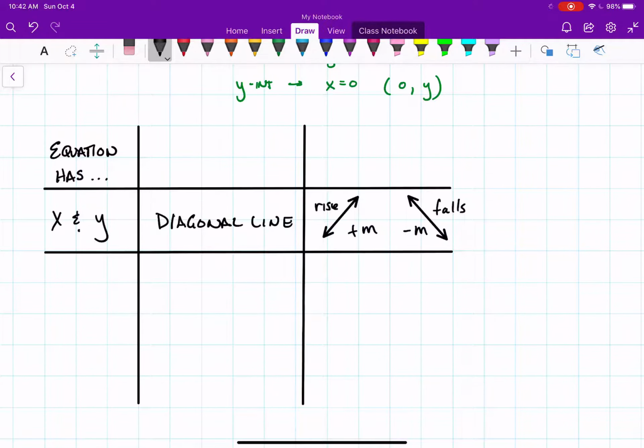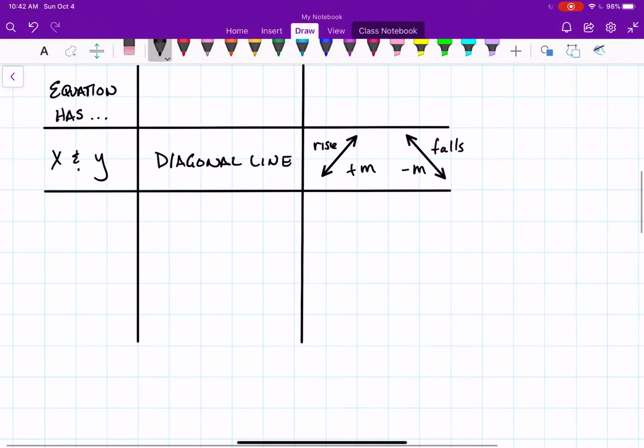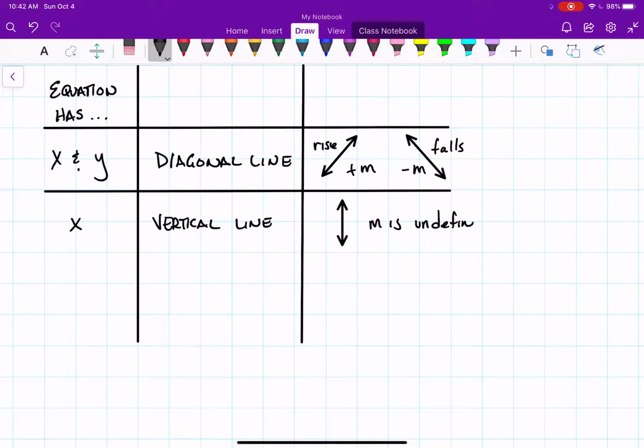Now, what if we only have an x in the equation? If we have x in the equation, then we have a vertical line. That means we have a vertical line here, which means that the slope is undefined.